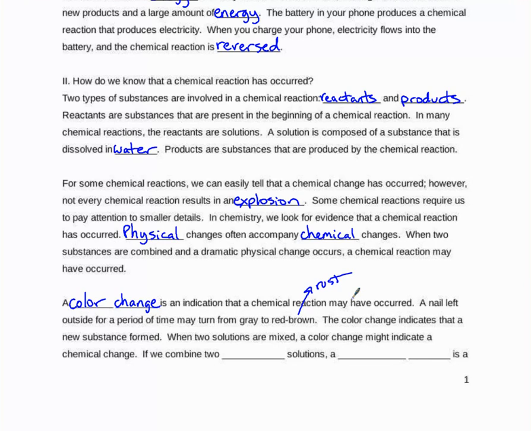If you mix two substances, two solutions, a color change might indicate a chemical change. For instance, if we combine two colorless solutions, so colorless is the color of water, basically. Most people would say it's clear. Clear is more of the property of how well can I see through it.